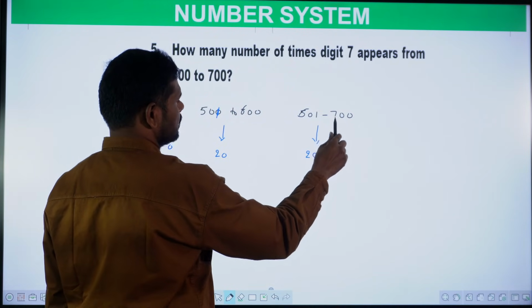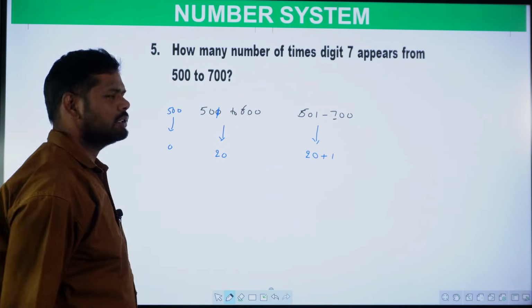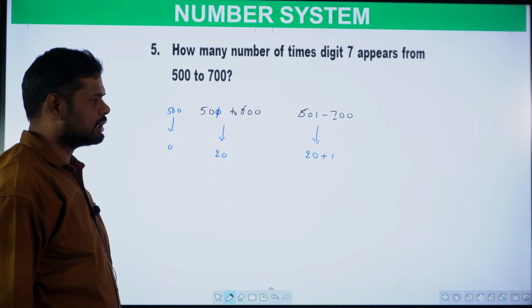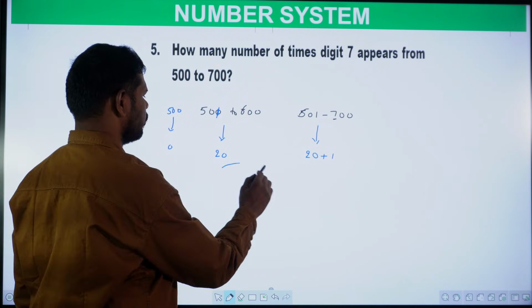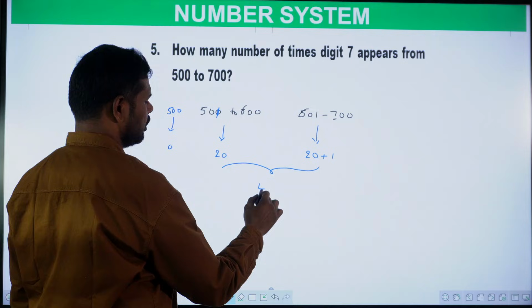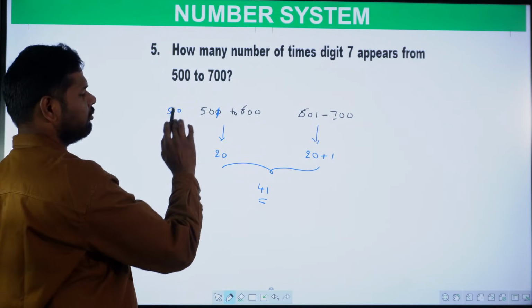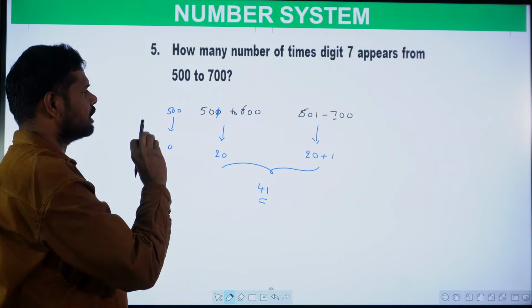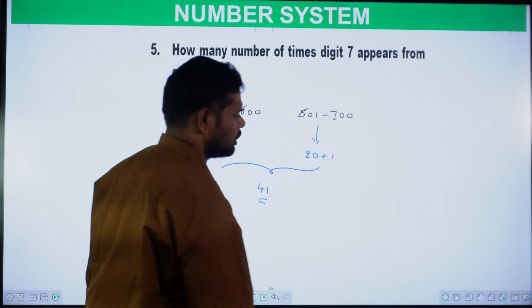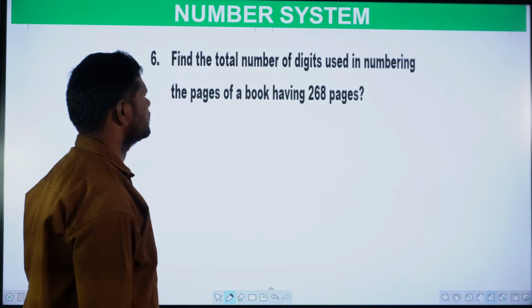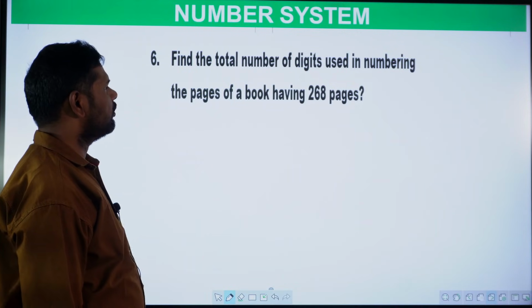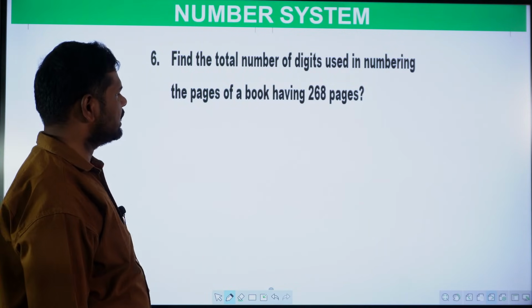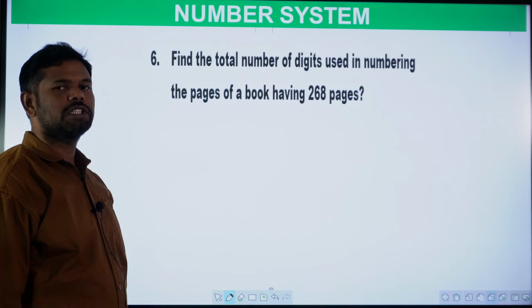But a 7 appears at 700 in the hundreds position. That's why one extra is added. So 20 plus 21, total 41 sevens are there from 500 to 700. Whatever the question, we just observe it, apply our basic concept and find answers. That's enough.